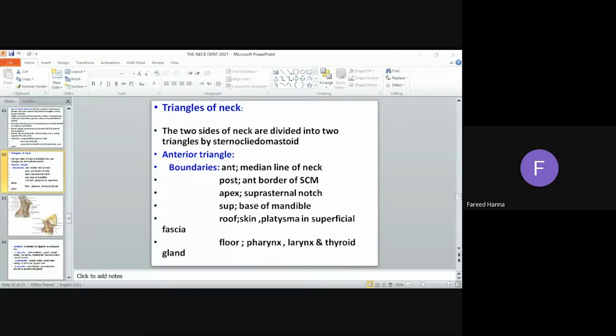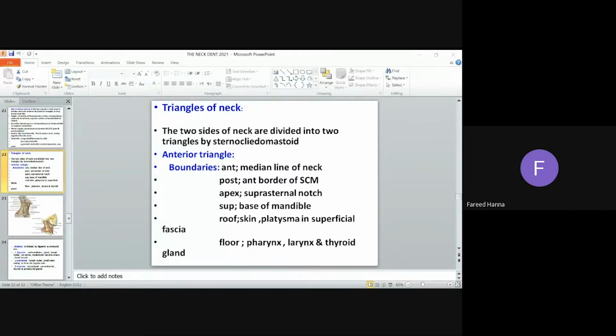Then you have another triangle created again by presence of sternocleidomastoid and the trapezius muscle, with the superior border of the clavicle. Here is the superior border of the medial third of the clavicle, the posterior border of sternocleidomastoid muscle, the anterior border of trapezius muscle.